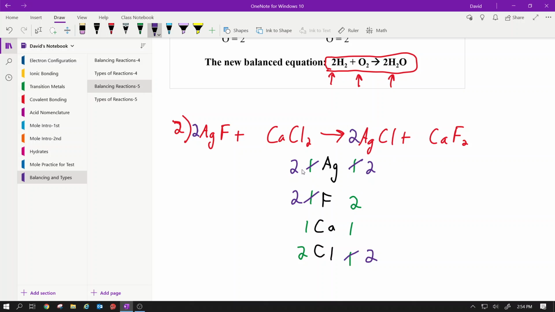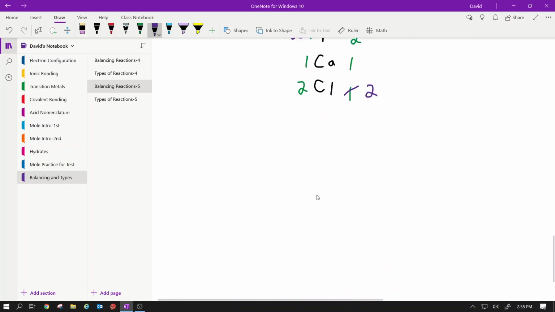So all of a sudden, match, done. And so there is our balanced reaction. Basically, you're just playing a little bit of a counting game and seeing what you need to change to make it work.